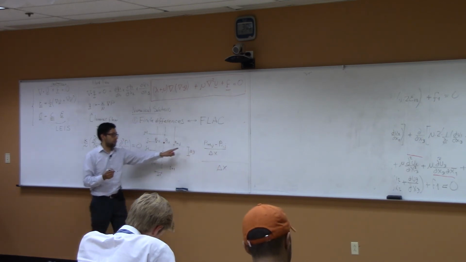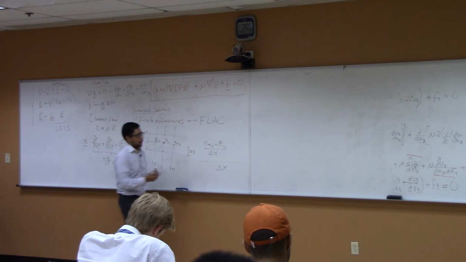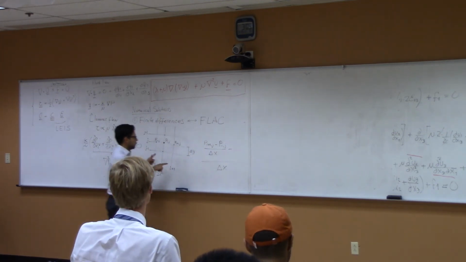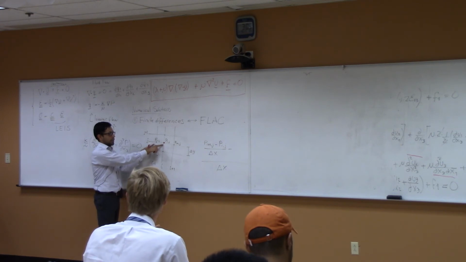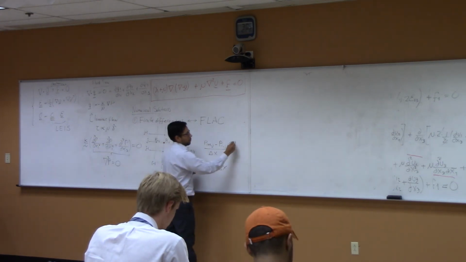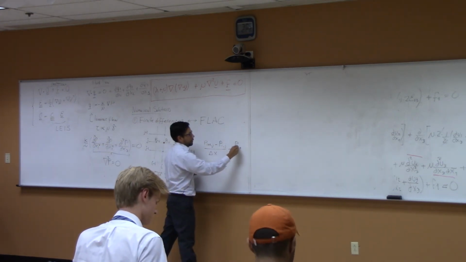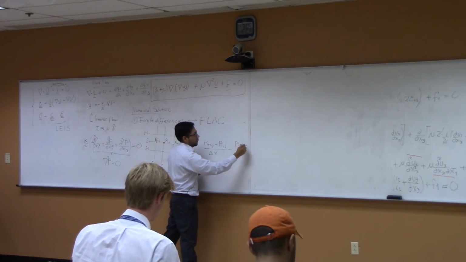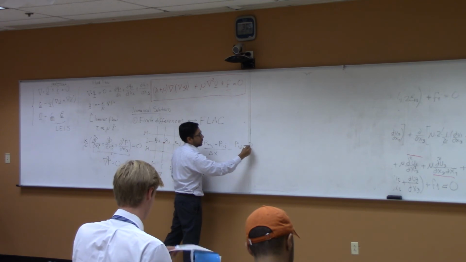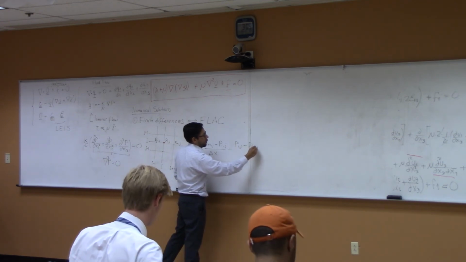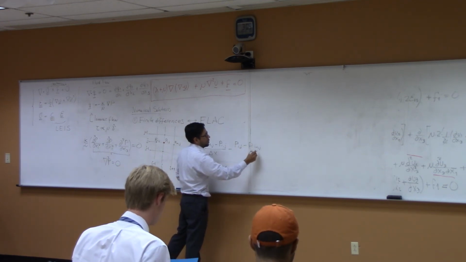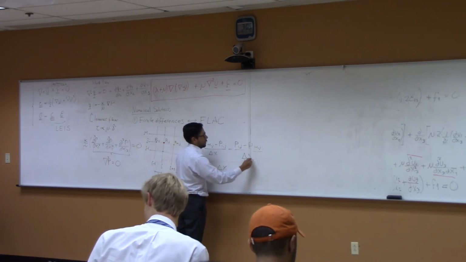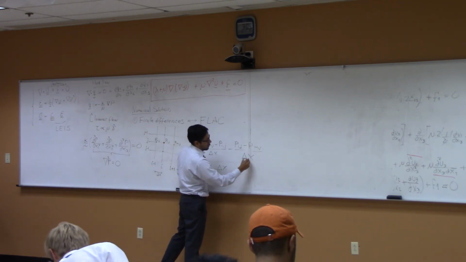This is a slope from here to here. And I'm going to have to make a difference too. And now I have to subtract this slope. So Pij minus Pi minus 1 J divided by delta x.